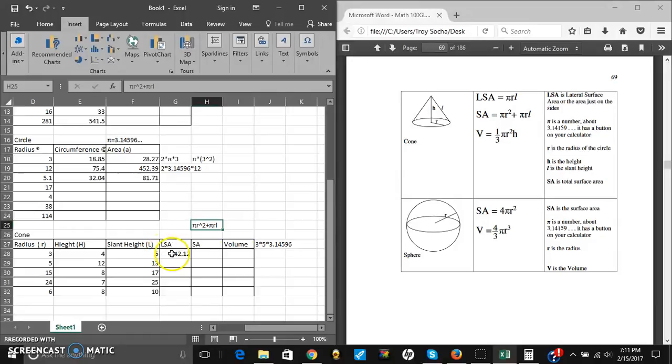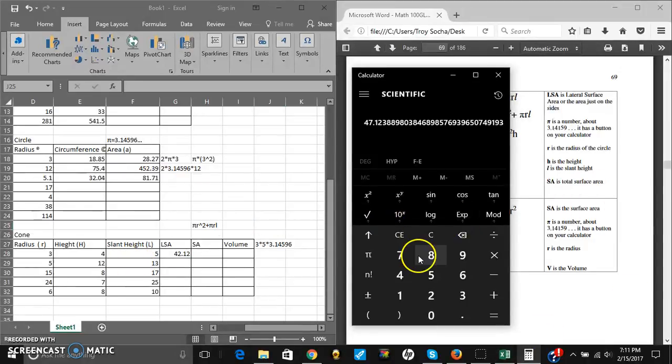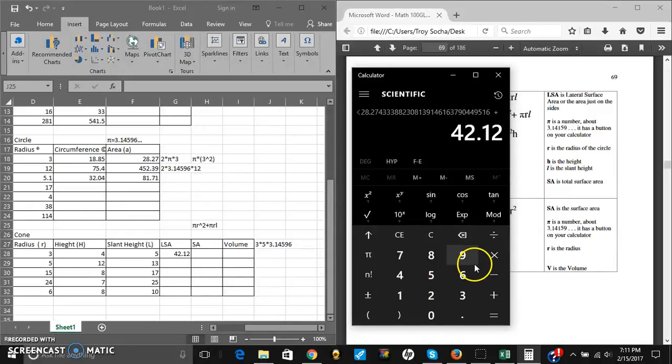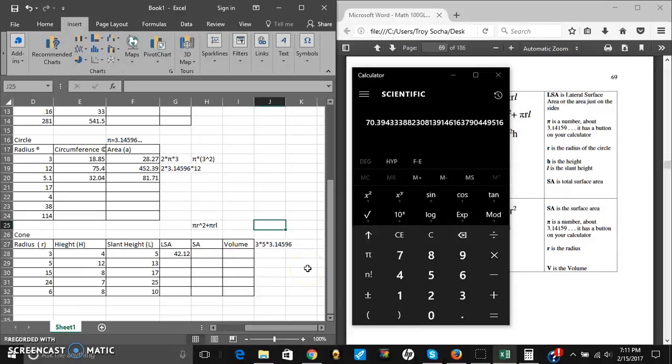So if we take the lateral surface area and add that to pi r squared, that should give us what we're looking for. Clear everything, okay. So we take 3 squared first, multiply it by pi, and then we need to add our 47.12, because now we're adding that other portion of the equation. We do the first portion, then add the second portion, which we've already found, giving us 75.4.